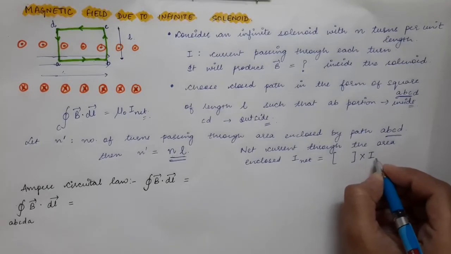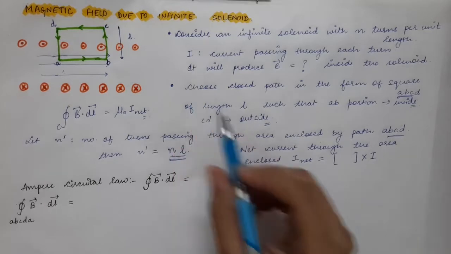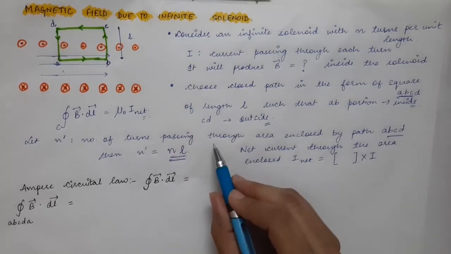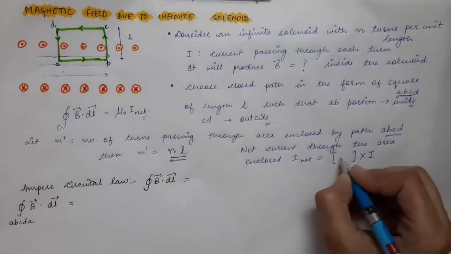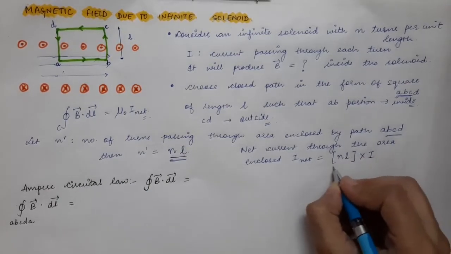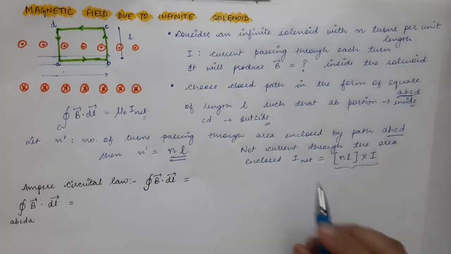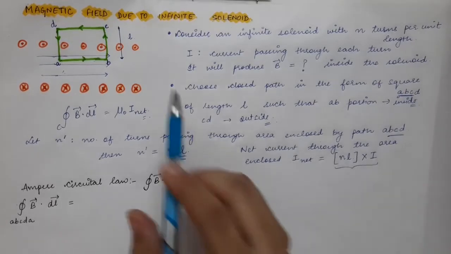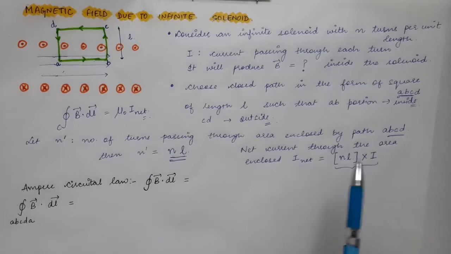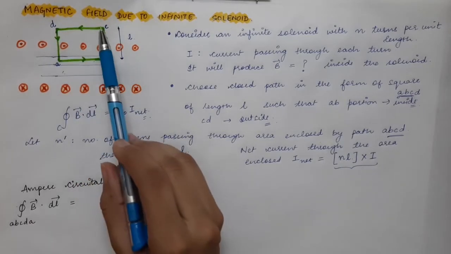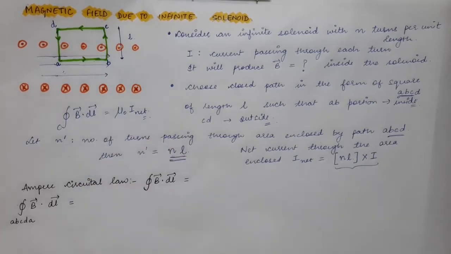Current in each turn is capital I, and the number of turns passing through this area is n times L. So n into L into I is the net amount of current which is enclosed by this closed path.